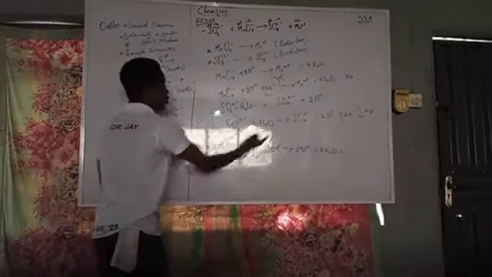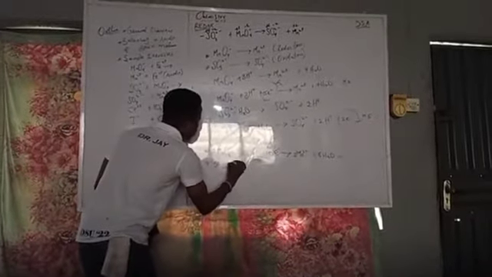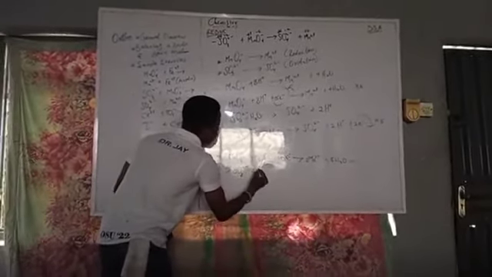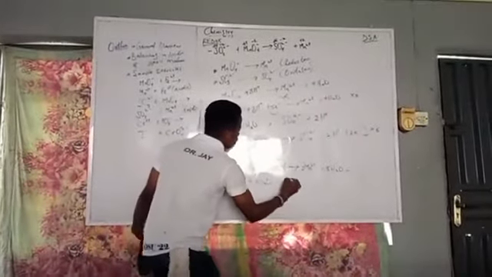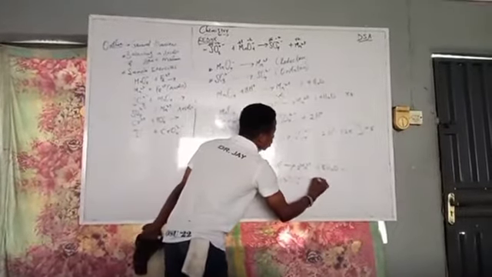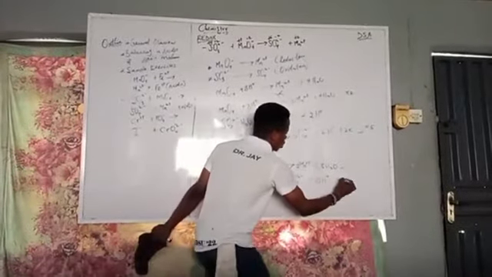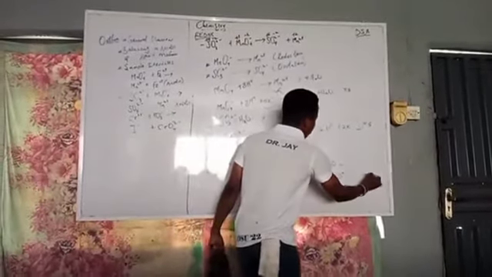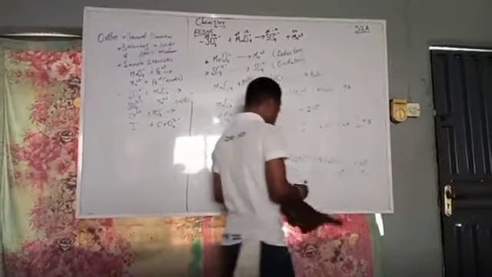For the oxidation, multiplying by 5, 5 SO3 2 minus plus 5 H2O to give us 5 SO4 2 minus plus 10 H plus 10 electrons. So this is ox, this is red, giving us redox.